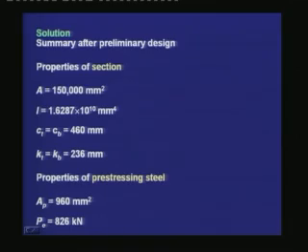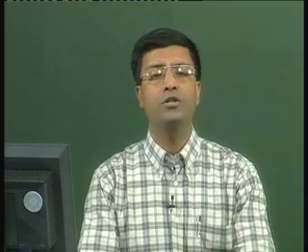Thus, after the preliminary design and the selection of a trial section, we have found the geometric properties of the section, and also we have found the estimates of the prestressing variables.